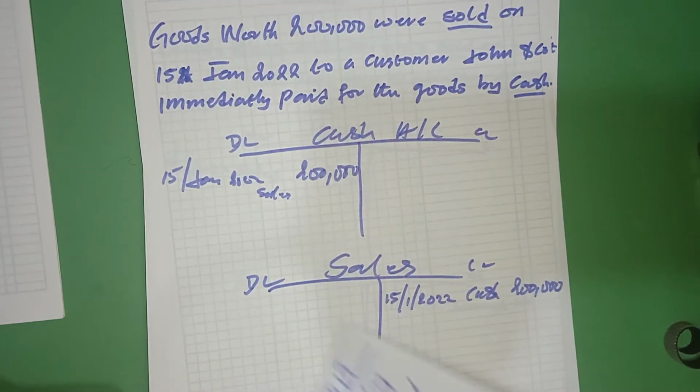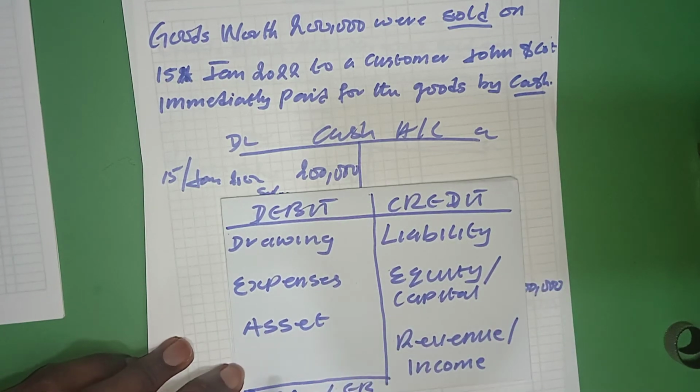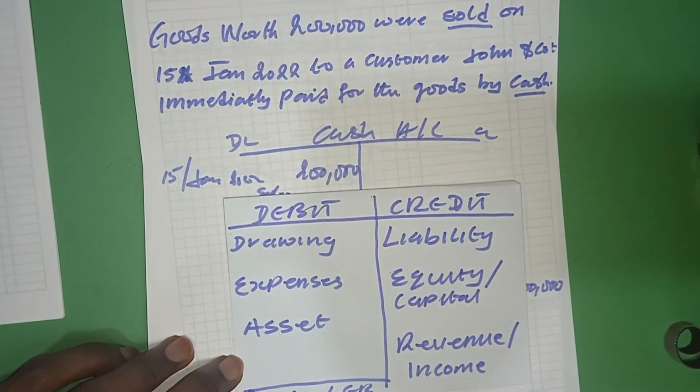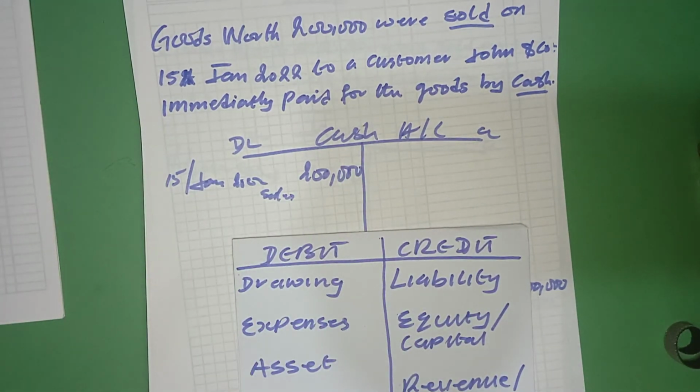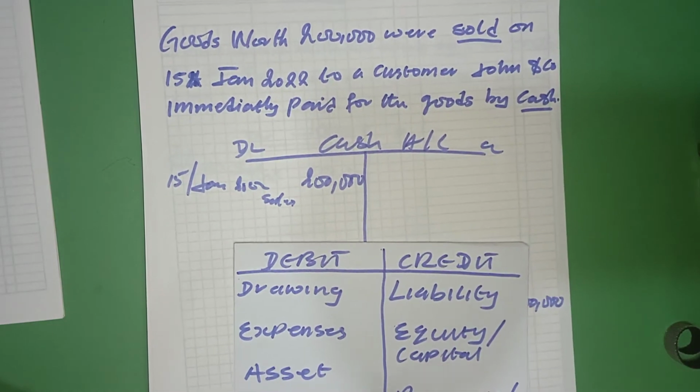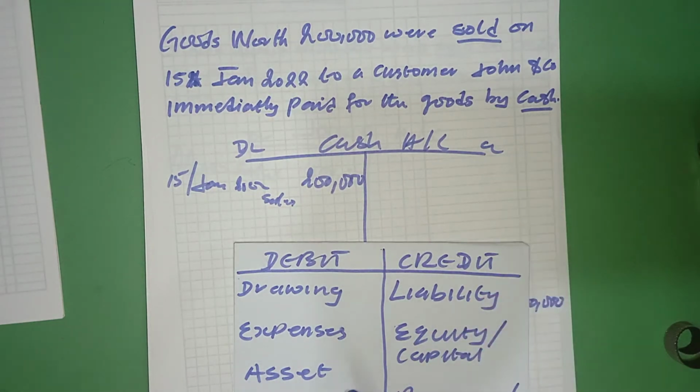Now, let's watch this. Cash is an asset, a current asset. So whenever you get the first one, you credit the second one, as long as you've identified the two accounts there. You understand? Once you identify, cash is a debit balance because it's an asset.